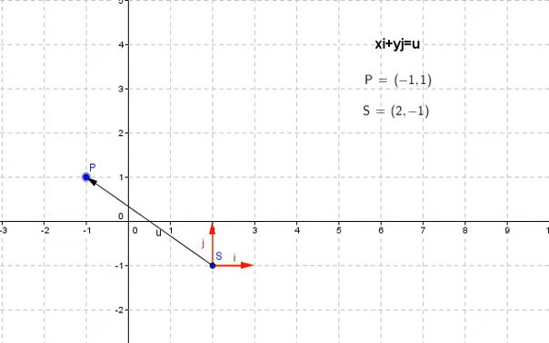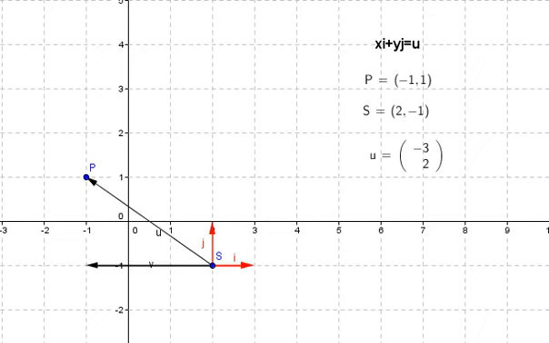Now if you found the coordinates negative 3 and 2, then you are correct. And let's check it. Negative 1 minus 2 is negative 3.